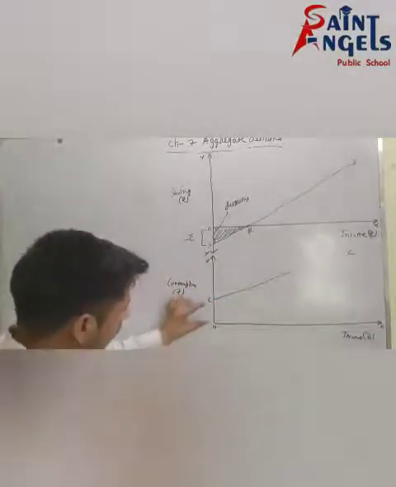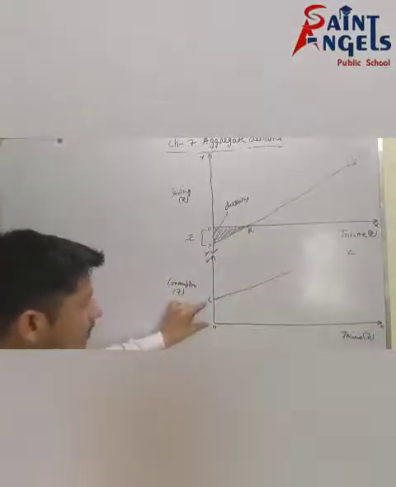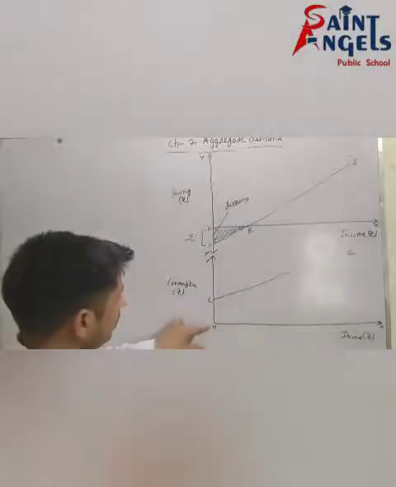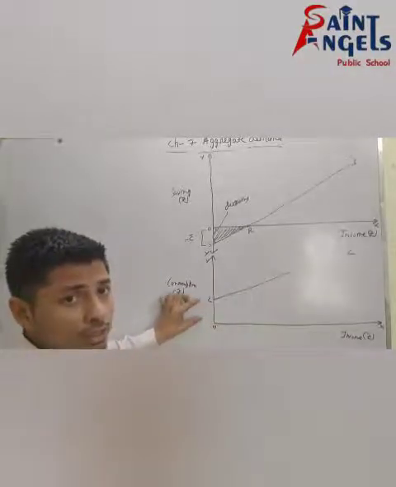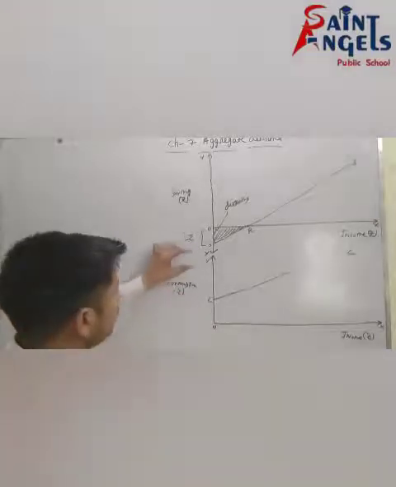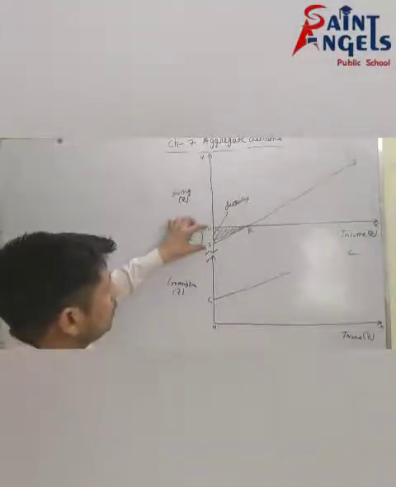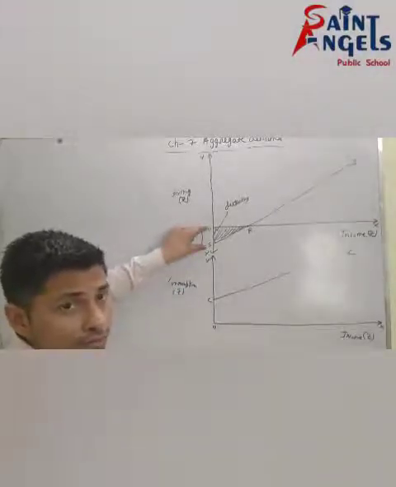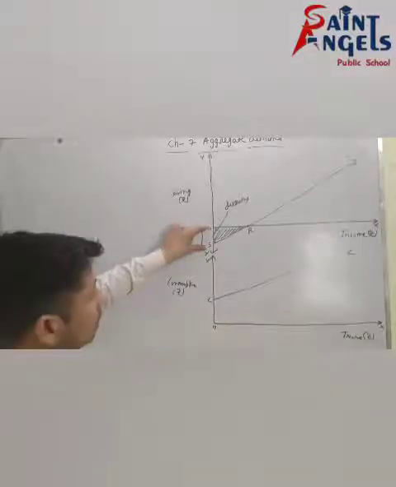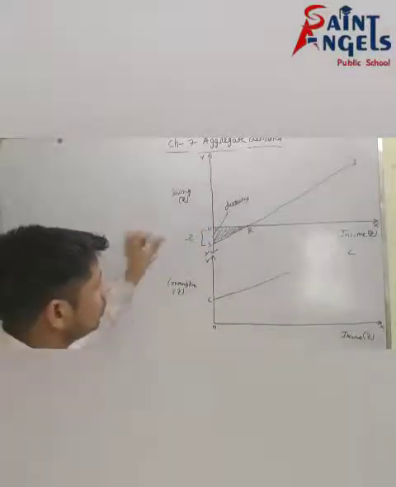This is a positive amount, meaning positive consumption at zero level of income, which will be equal to the amount of dissaving, that is OS.